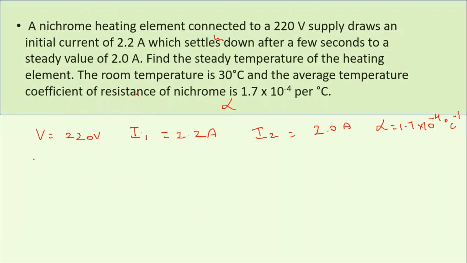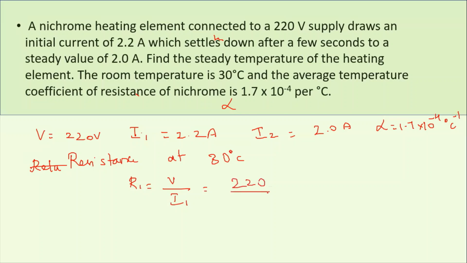So now you have to find out R1 and R2 for I1 and I2. So the resistance at room temperature, 30 degrees Celsius, R1 equals V by I1. So that is 220 divided by 2.2. So you will get 100 ohm.